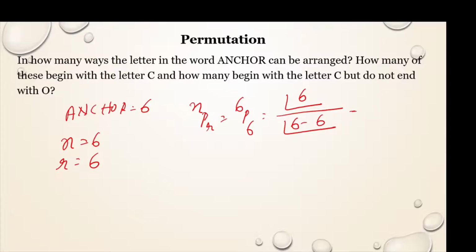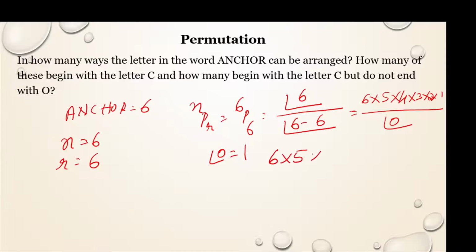Now factorial 6 is 6 into 5 into 4 into 3 into 2 into 1, divided by factorial 0. Factorial 0 is 1. Don't get confused that factorial 0 is 0. Factorial 0 is 1, so the denominator becomes 1.